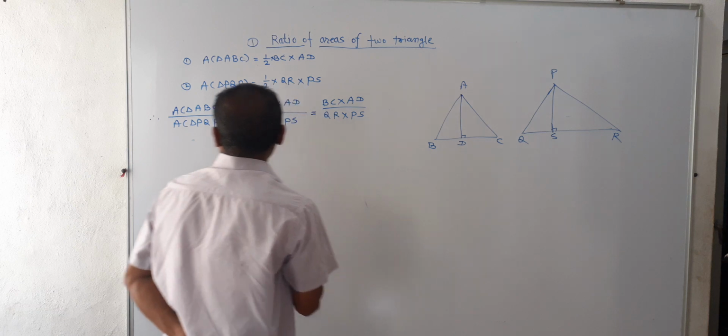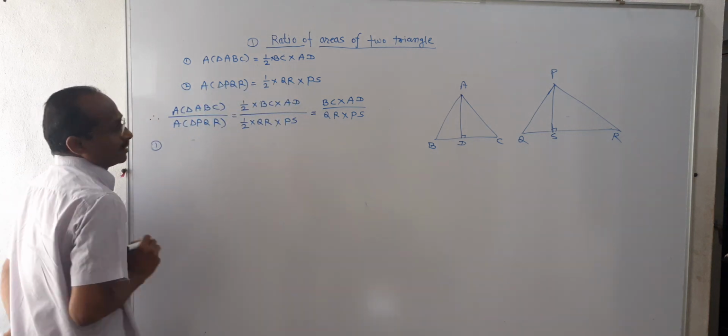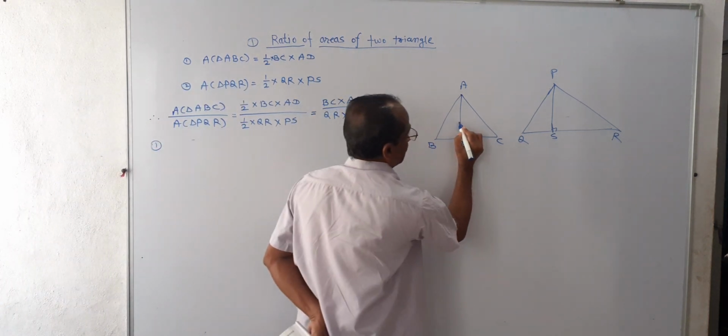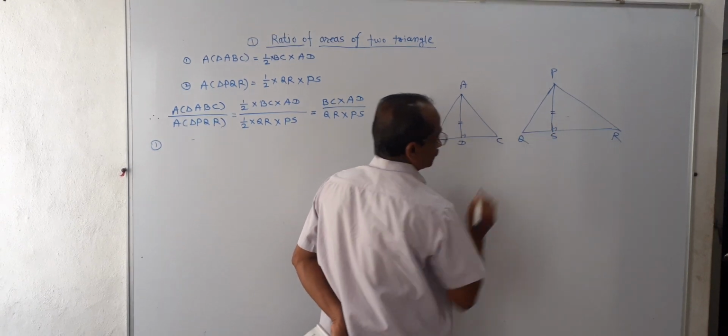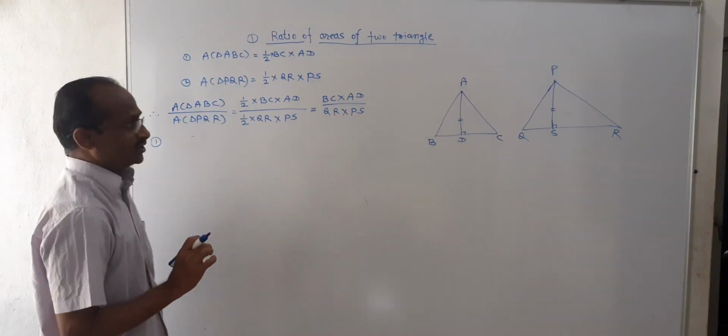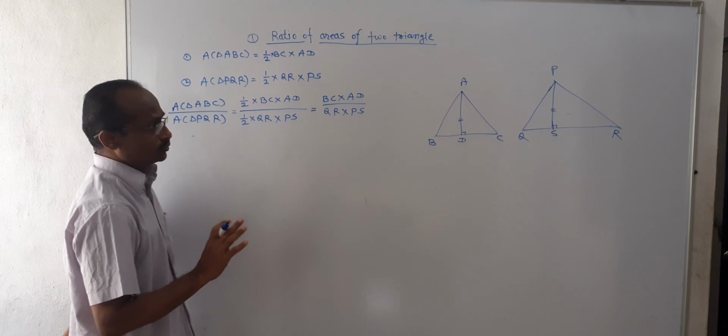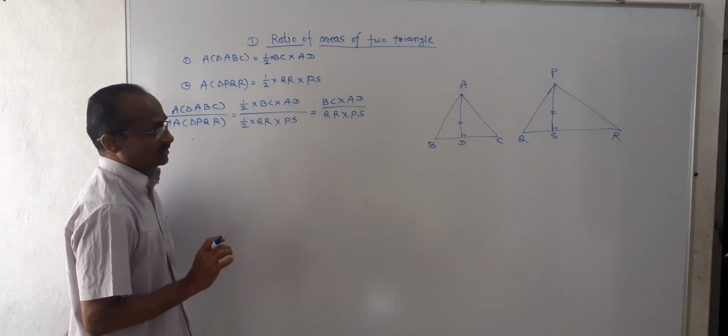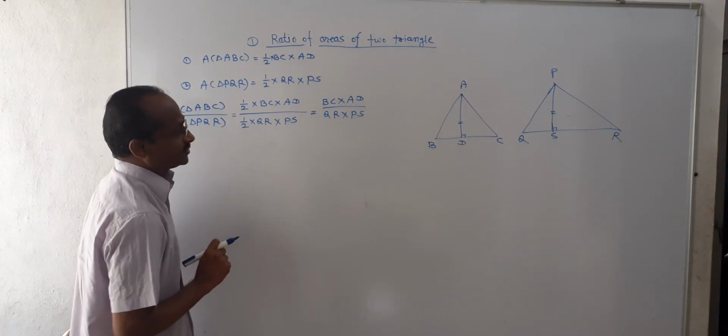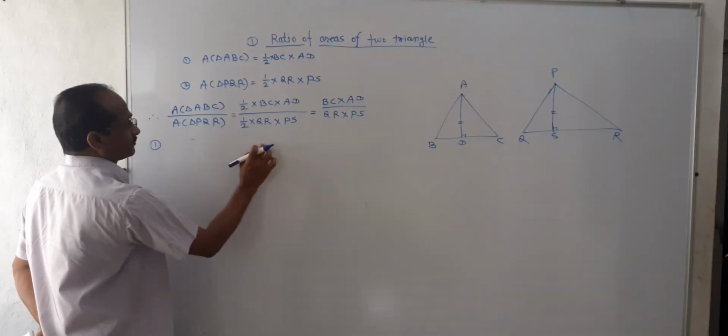Now suppose, first case, the heights are equal, that is AD equals PS. Triangle ABC and triangle PQR are any two triangles with equal height. Then what happens to this equation?